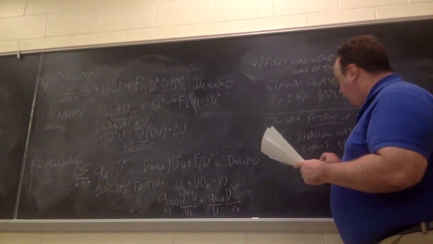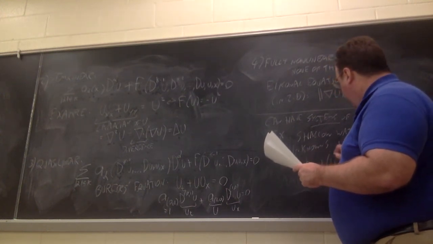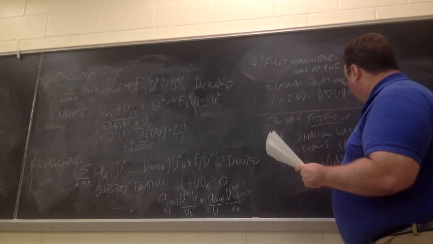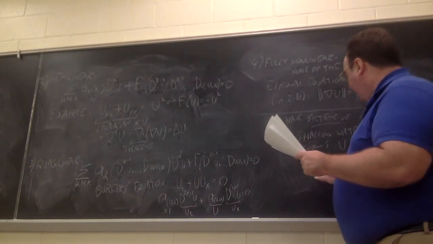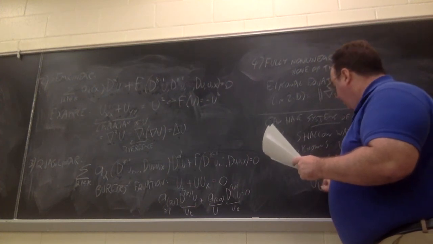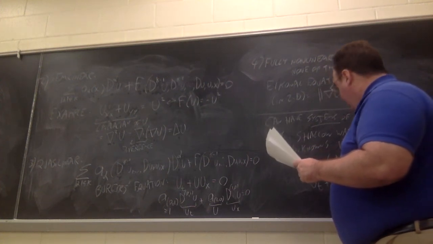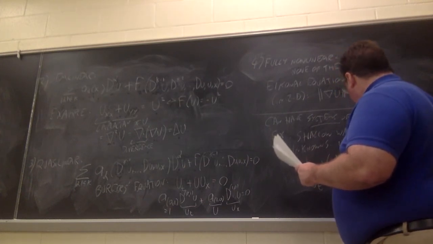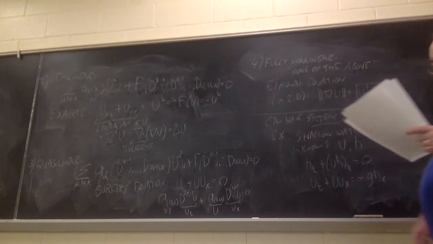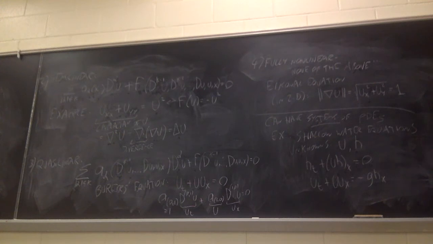So dH/dt plus the derivative with respect to x of the product u times h is 0, and then we have du/dt plus u ux is equal to minus g hx. I think g is probably gravity. So these equations are coupled.